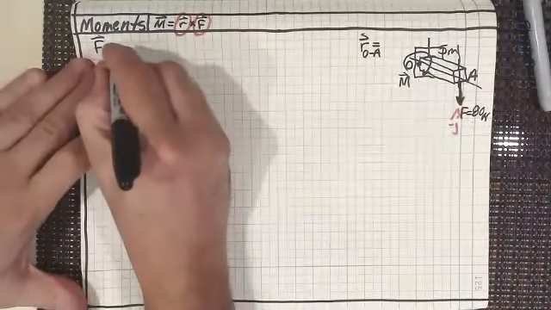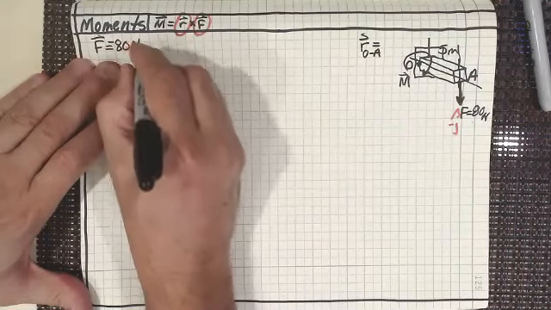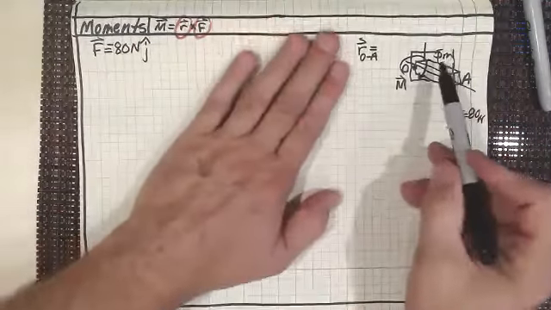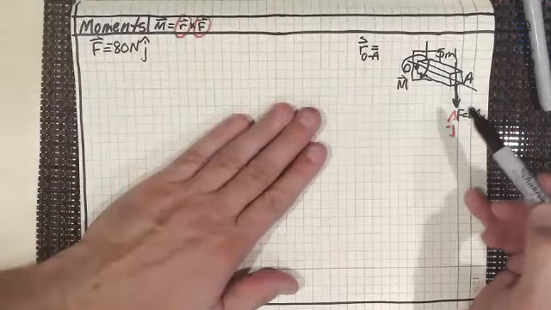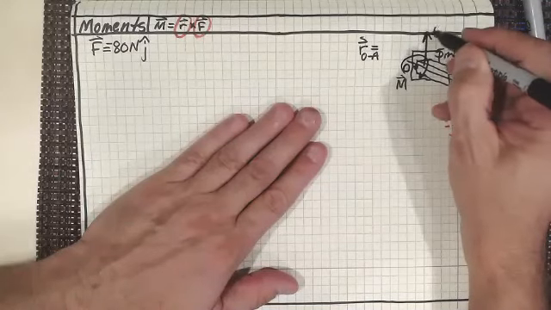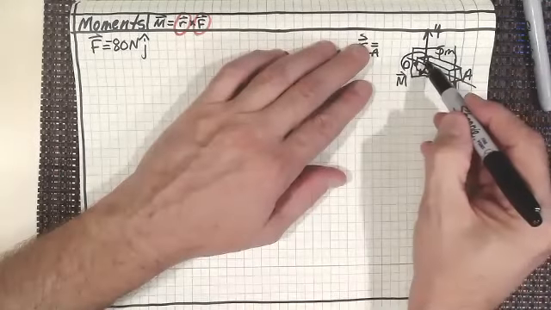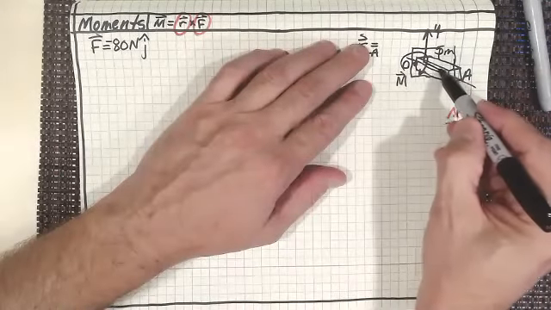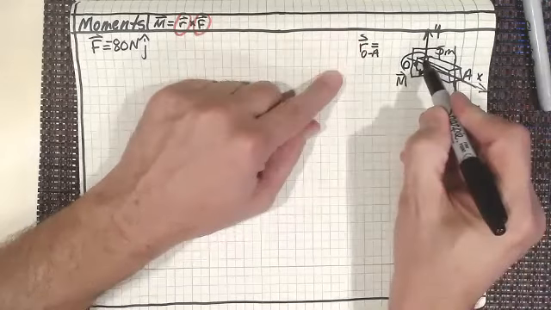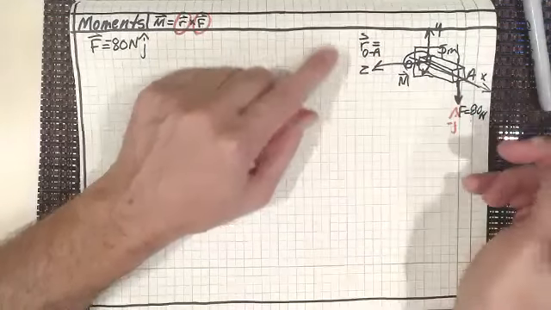So, we've got minus 80 newtons J hat, because it's in the negative direction. Now, if this is my y direction, because we said that's the negative y, this is my x direction, and this is going to be my z direction.